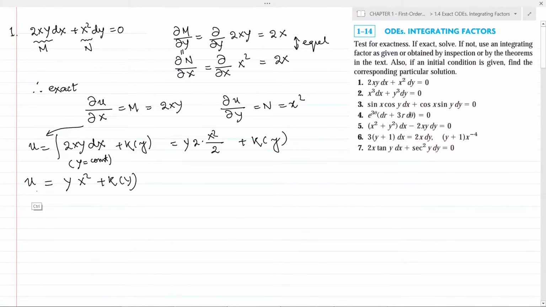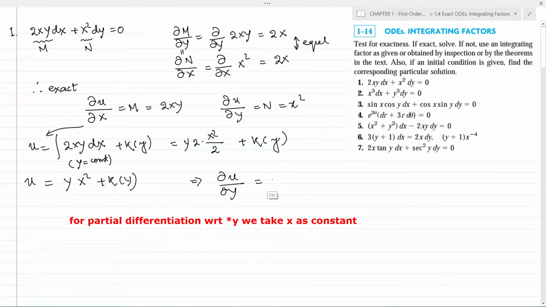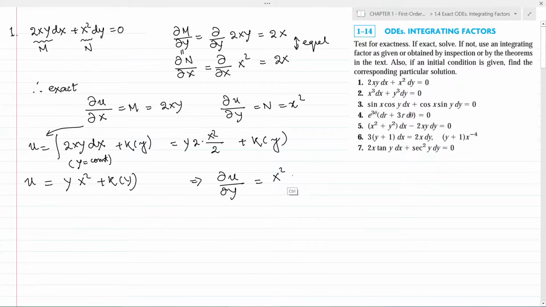Now, we have u. Now, we can partially differentiate this u and we write this implies del u by del y equal to, for partial differentiation with respect to y, we consider x equal to constant. So, we take x square outside the differentiation and del y by del y equal to 1 plus del k by del y. Now since k is only a function of y, this del k by del y equal to dk by dy.